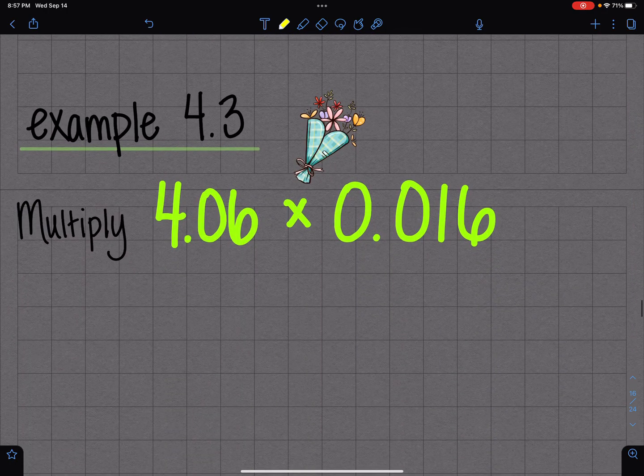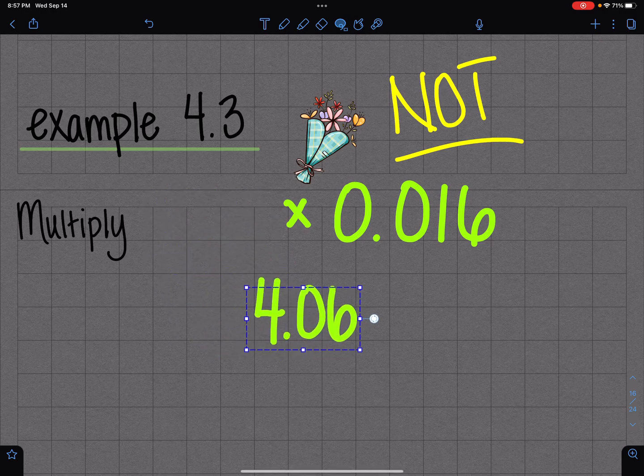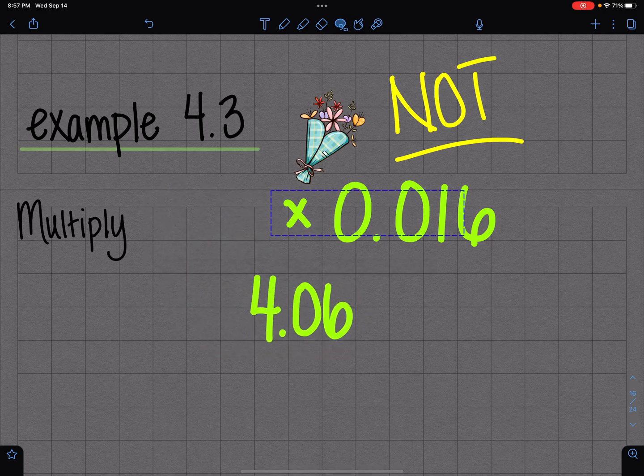Example 4.3, we're going to multiply these numbers together. Now, the cool thing about multiplying and dividing decimals is that you do not have to line up the decimals. You do not. All right, so we're just going to multiply these numbers. It doesn't matter which number you put on top or which number you put on bottom when you multiply.